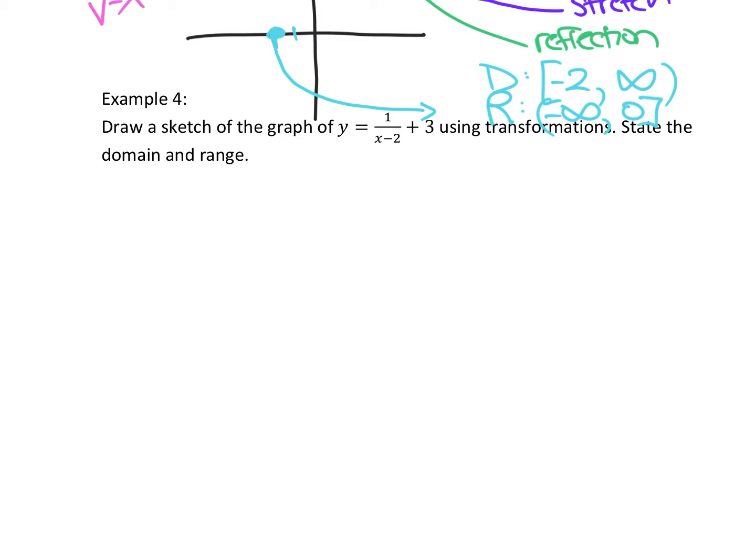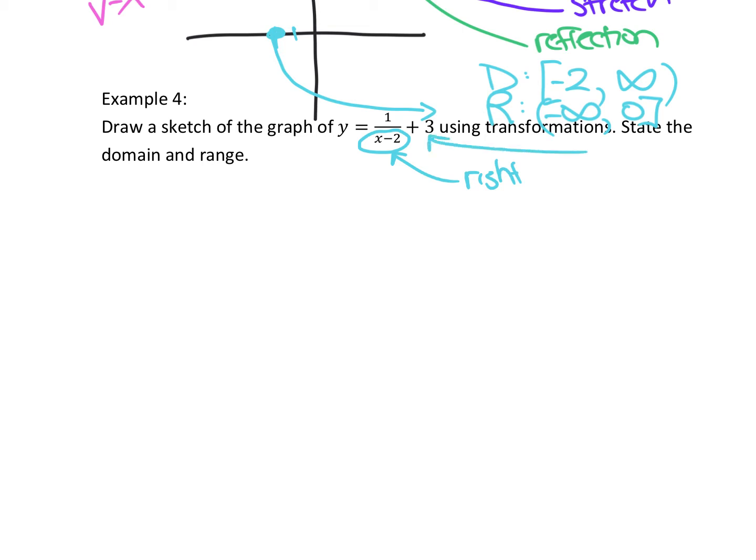So when I read the transformations for this, it's still the same idea: what's inside with x on a rational. Inside with x on an absolute value is inside the bars. Inside with x on a quadratic is inside the squared. This one is on the bottom. So this is going to move it which way if it's in with x? Right 2. Good. And then the up and down is going to be at the end here.